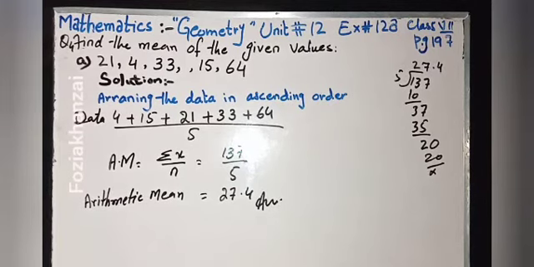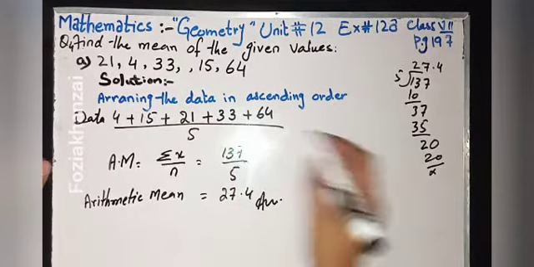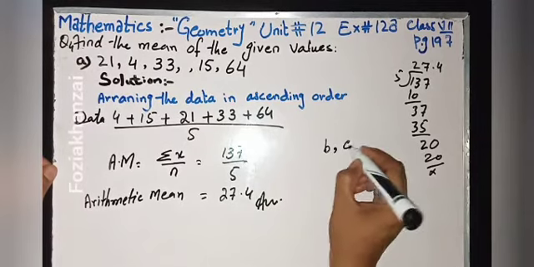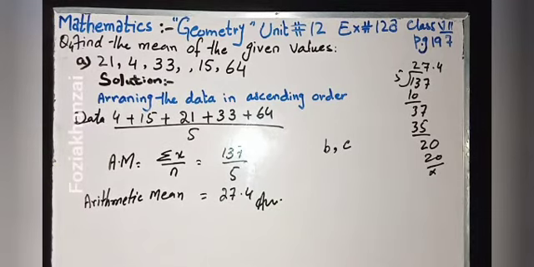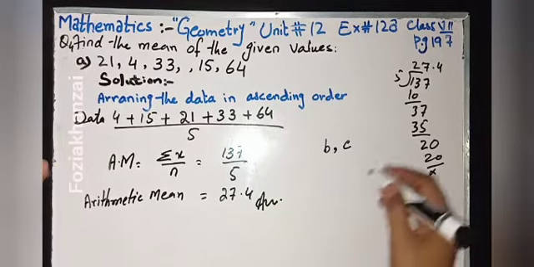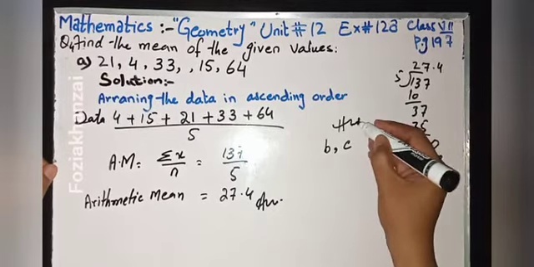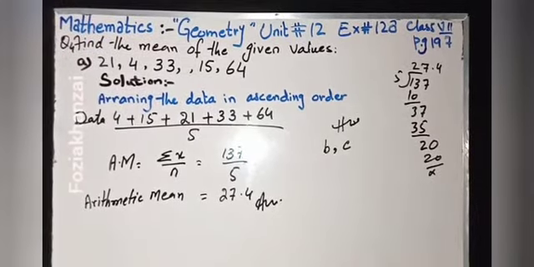Arithmetic mean is the average value of the data. Done part A. Girls, after A, solve parts B and C by yourself. It's your homework.